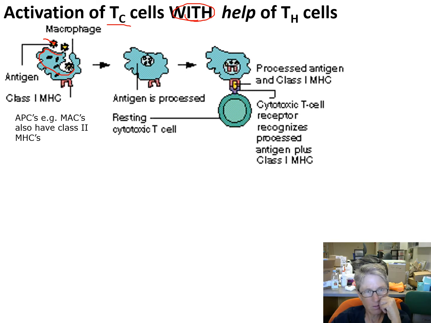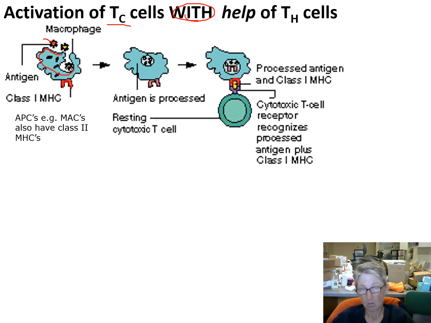And remember it's a nucleated cell, so it's got this class 1 MHC. The antigen on the pathogen gets processed, so it gets cut up. And then the epitope, or the antigen part of the foreign invader, gets put into a class 1 MHC molecule and then presented here on the surface of the macrophage.